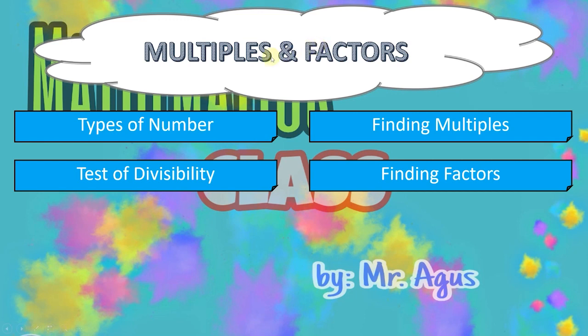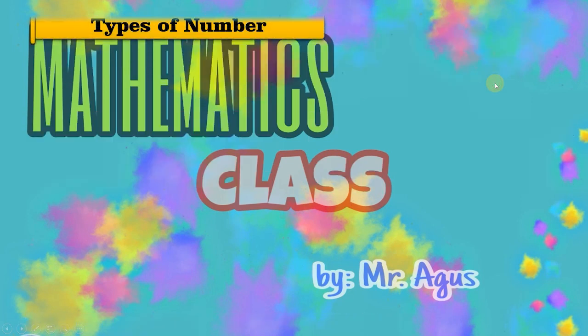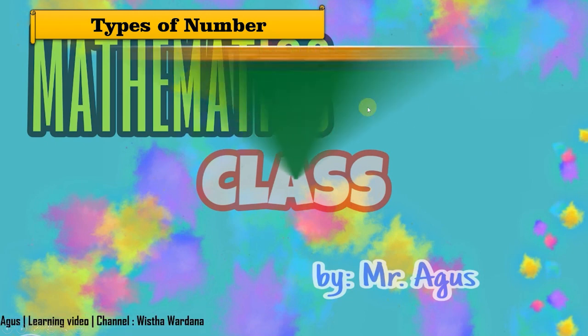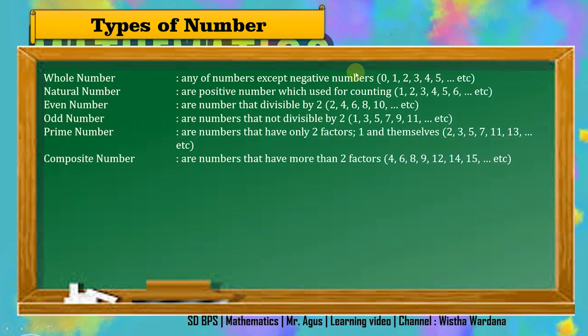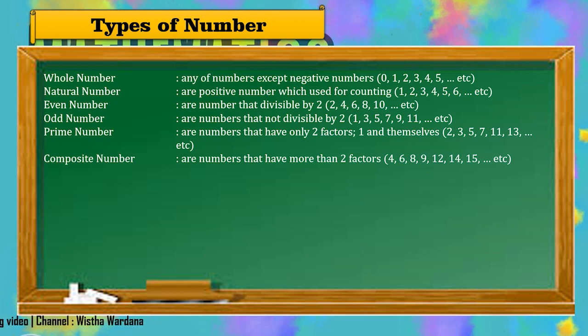So you have to know about types of number first. You have to know the meaning of whole number, natural number, even number, odd number, prime number, and composite number. Start from the first one.